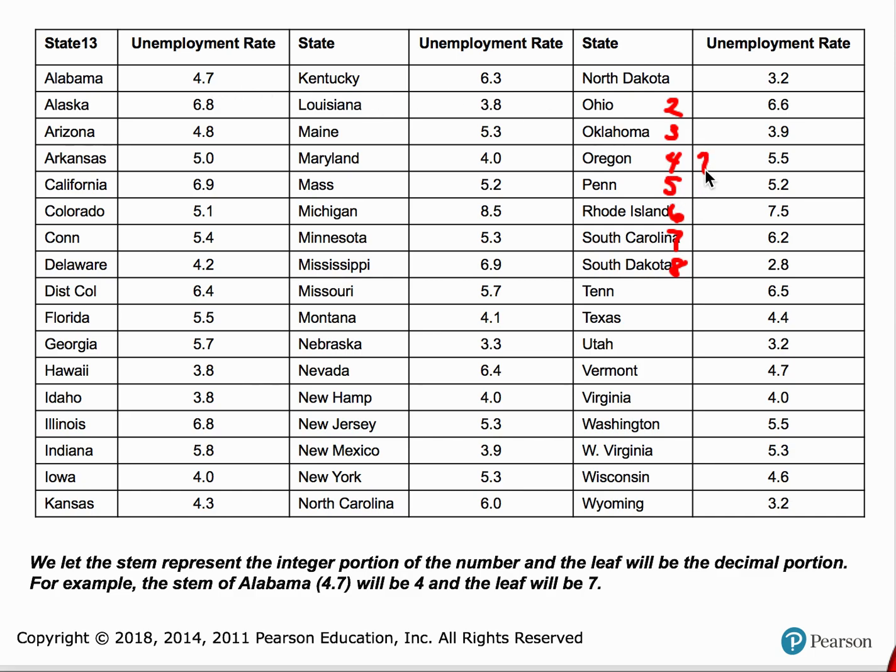Now put your 7 here. 6.8, so an 8 goes here. 4.8, an 8 goes here. 5.0, I do put in the 0. 6.9, the 9 goes here. 5.1, so like that. So I don't have to scroll through here and find my lowest and on up. I can just go down the list as I get to it. 5.1, 5.4, okay, 4.2, etcetera.